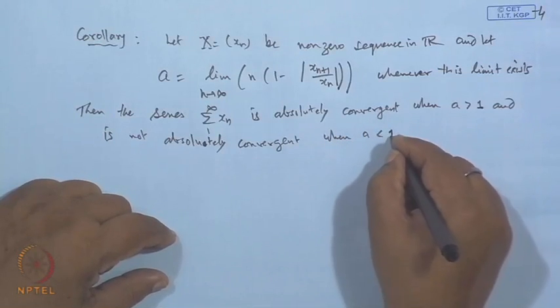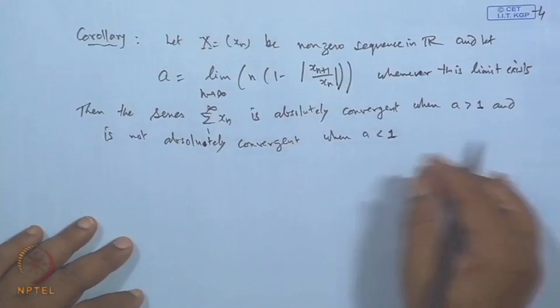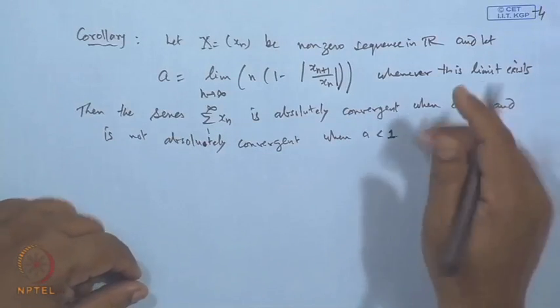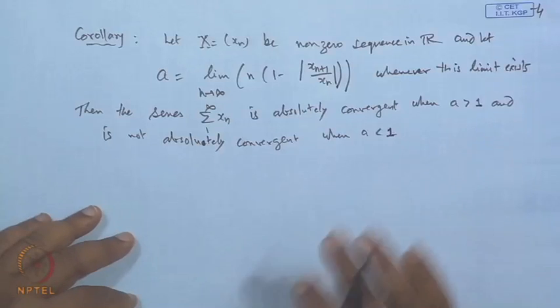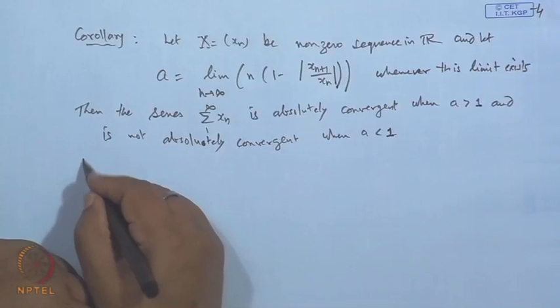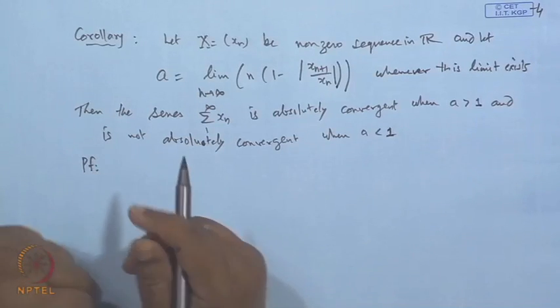For A equal to 1, again the test fails, we are unable to get a conclusion. So, we have to apply some other tricks for that. Okay. For A less than 1, the proof runs as usual.